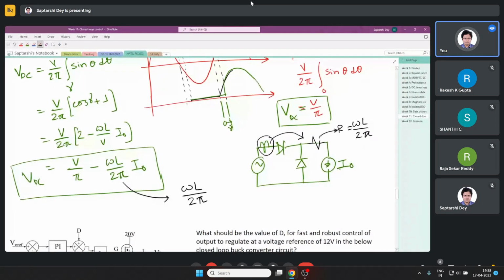So I naught current is flowing, which is causing a drop of this much, such that my output voltage is reduced by I naught times this resistance. Clear?